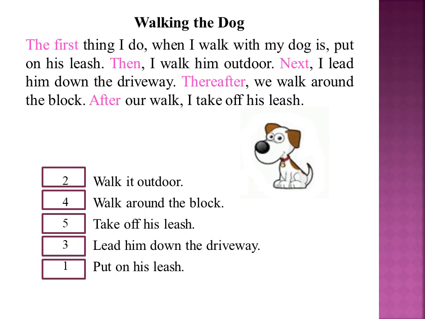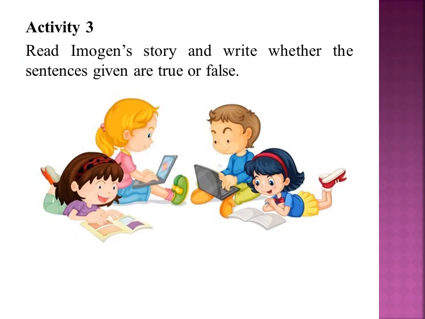Yes, it is. Did you number walk around the block as 4? Well done. What is number 5? Take off his leash is number 5. Have you numbered all the sentences correctly? Excellent work, my boys and girls. Shall we move to another activity?